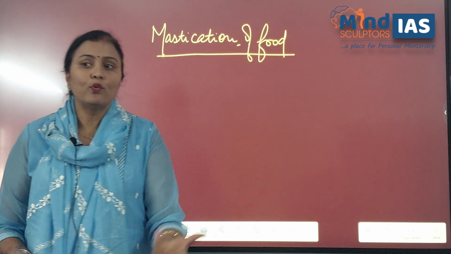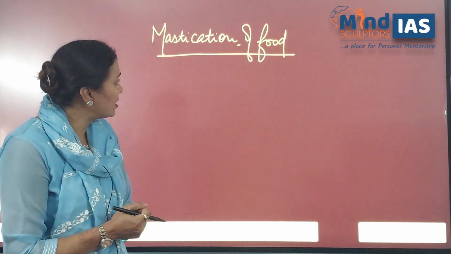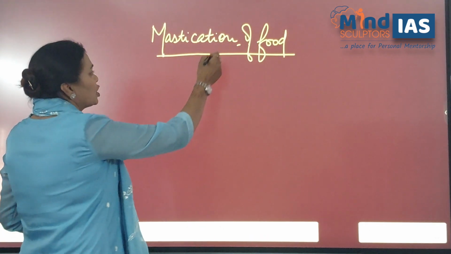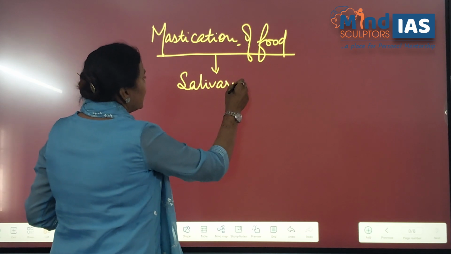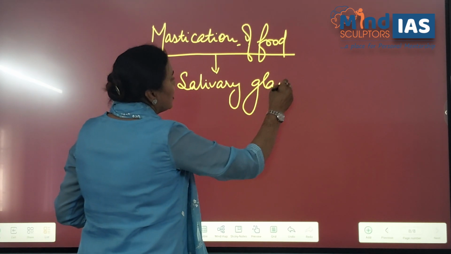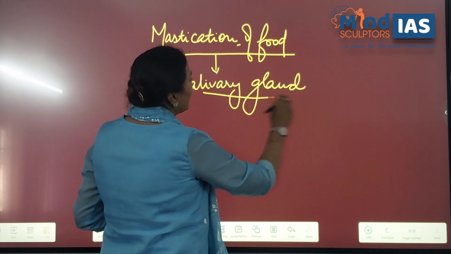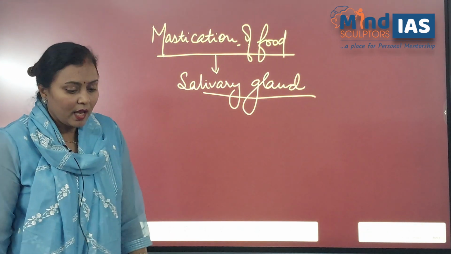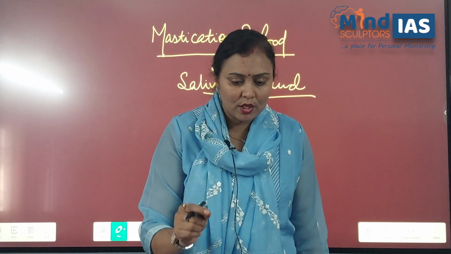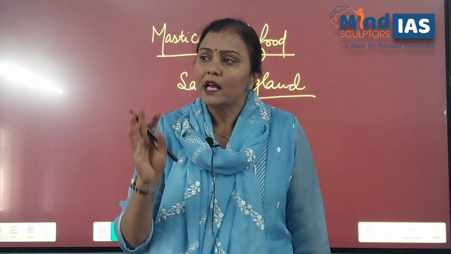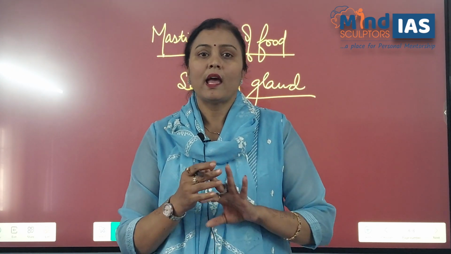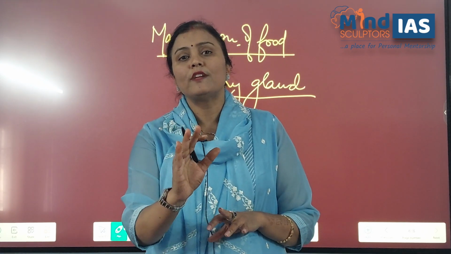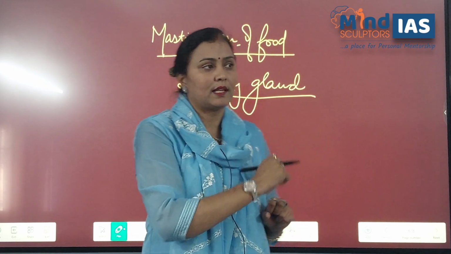When they change the food into finer particles, then the function of salivary gland will start. If you see the process of digestion, food consists of 3 major components: carbohydrates, proteins and fats. And the process of digestion starts from the mouth itself.